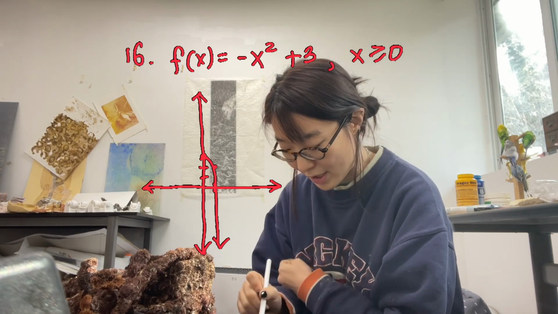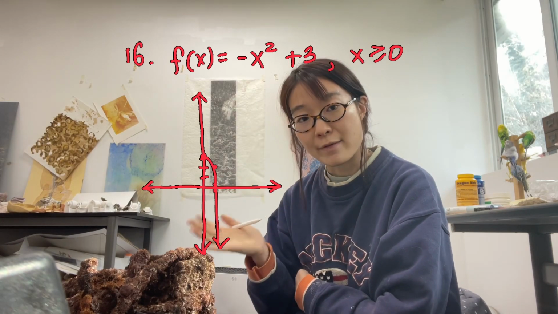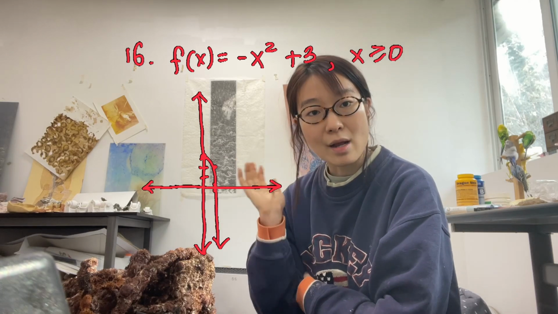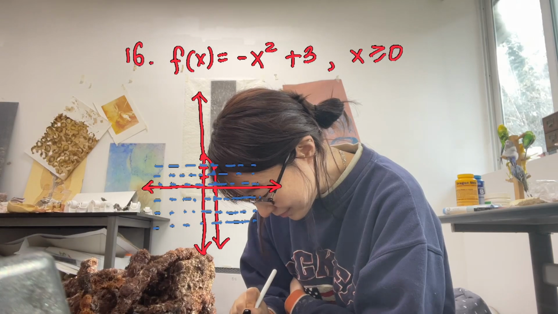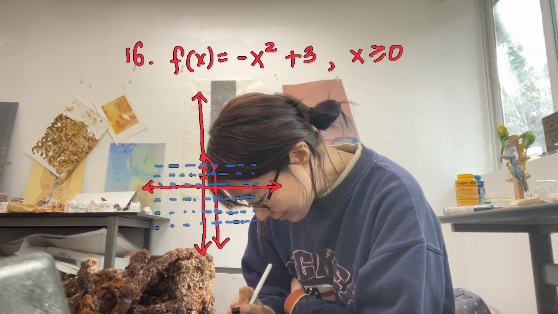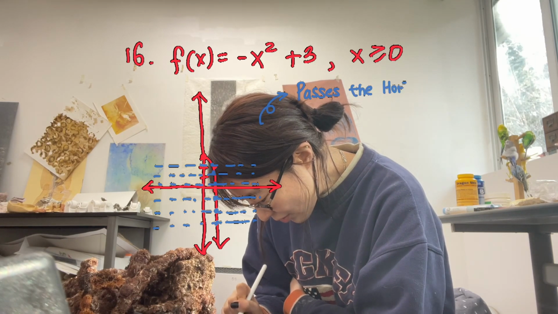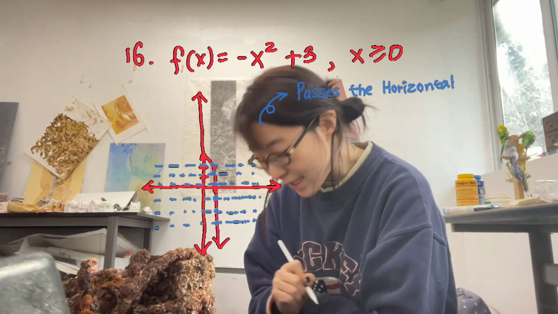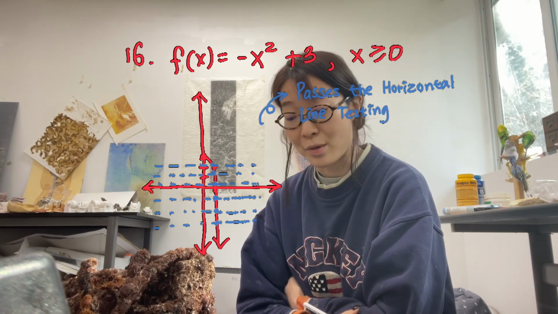We don't have to question that, but let's go ahead and see if its inverse would be a function by conducting a horizontal line testing. As you can see, each horizontal line only has one intersection, so therefore this passed horizontal line testing.